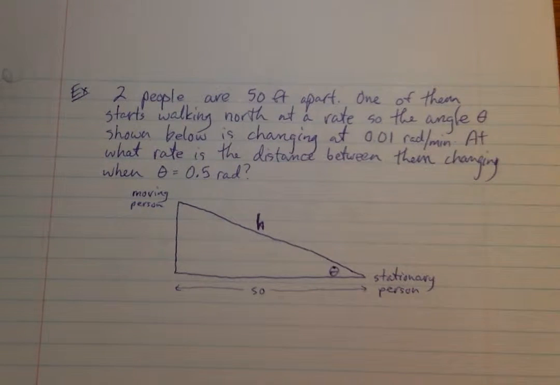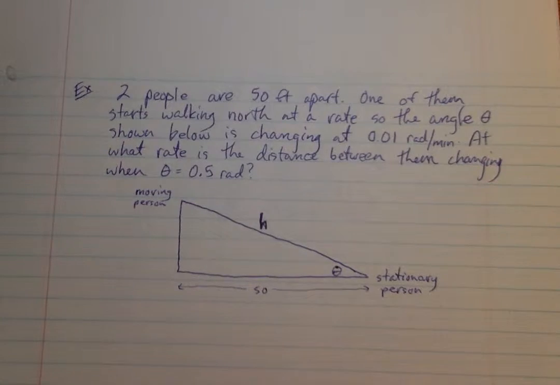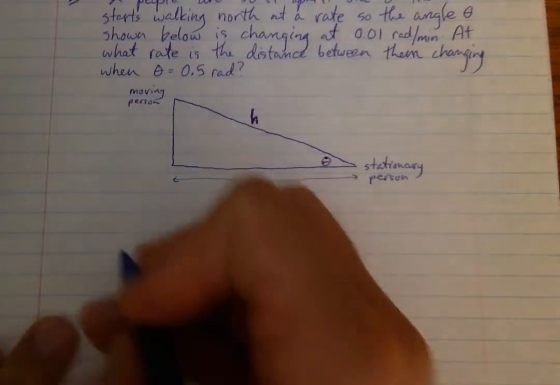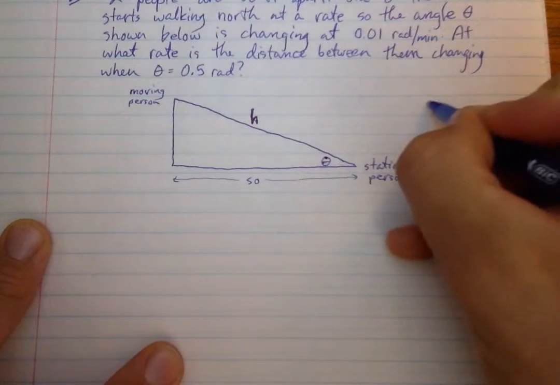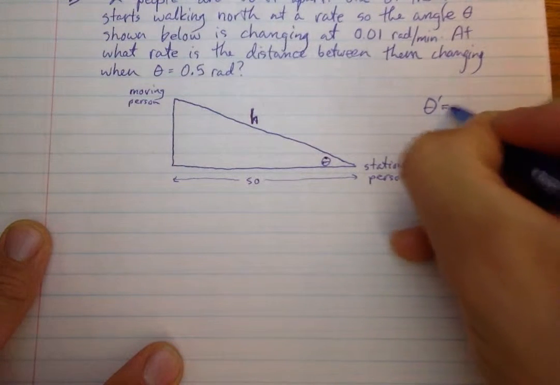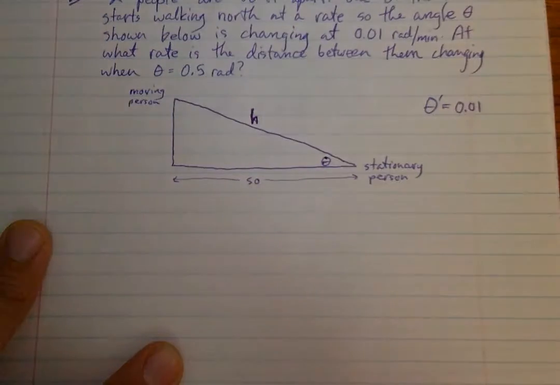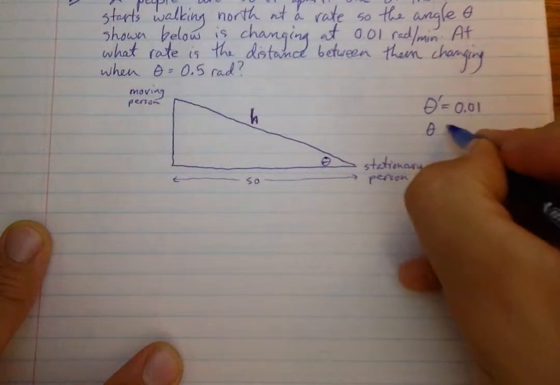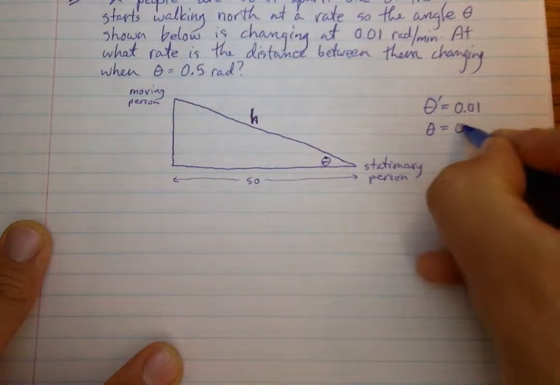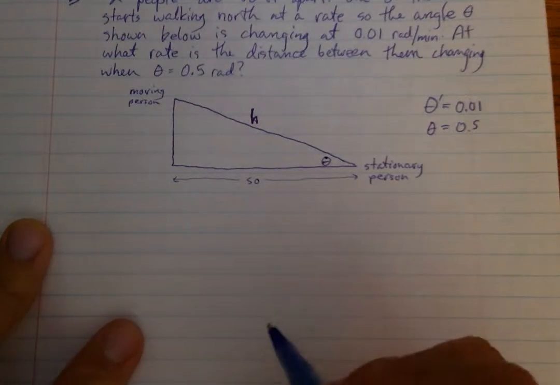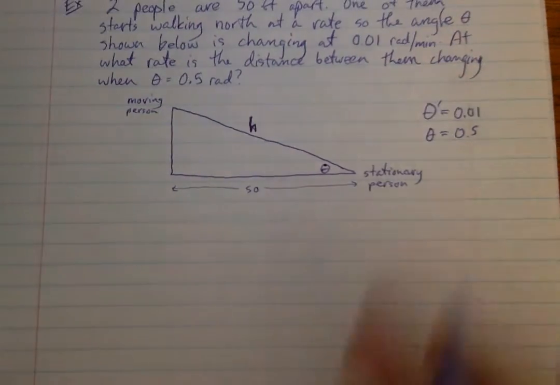Okay, so what do we know? Well, we know that theta prime is equal to 0.01. We know that theta, at the point we're interested in, is 0.5. So what are some relationships here that we could use?